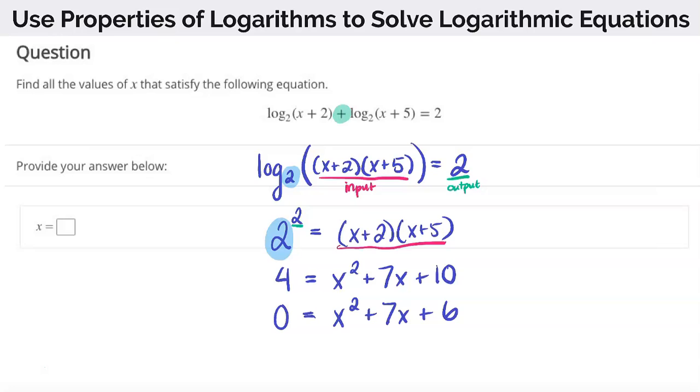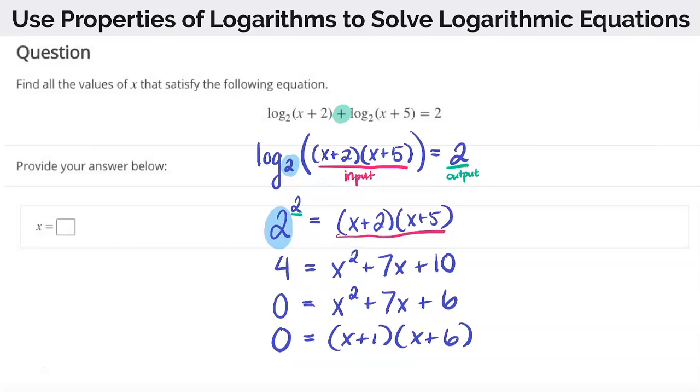And this is going to factor as x plus 1 times x plus 6. Right? So we're going to get two potential solutions here, right? This first factor gives us x equals -1, and the next one gives us x equals -6, right? And I'm saying potential solutions because remember what we said earlier in the video, right?